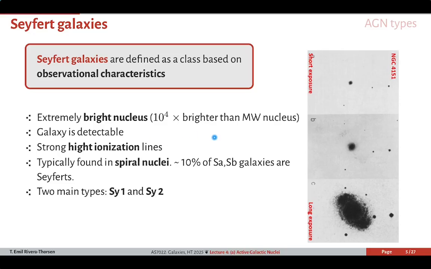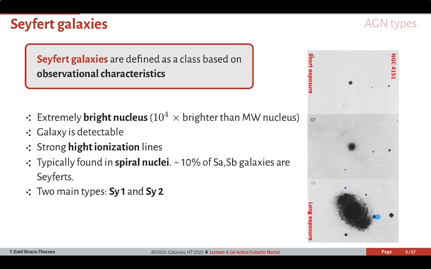We can look at an example here where we have the same galaxy with 3 very different exposure times. In the top, we see a short exposure where we can basically only see the nucleus. In the bottom, we have a very long exposure time where we can see the entire disk and the entire stellar population. This is a very saturated image, of course, but we can definitely see the spiral structure of this galaxy.